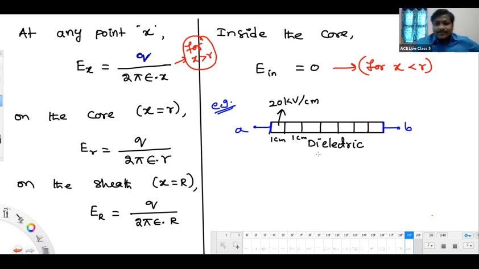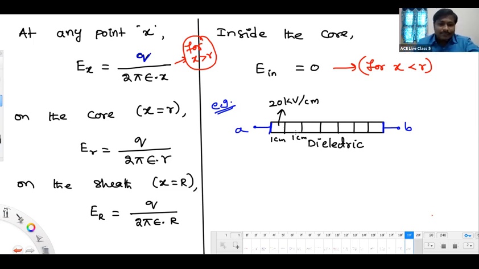What's the meaning of that? It means in a 1 centimeter gap, there is a potential gap of 20 kV.